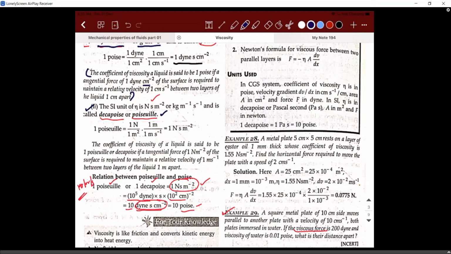You have studied about the conversions from one unit to another in units and measurements. So tell me how much is one dyne second per centimeter square in terms of Newton second per meter square. Do the conversion and tell me.